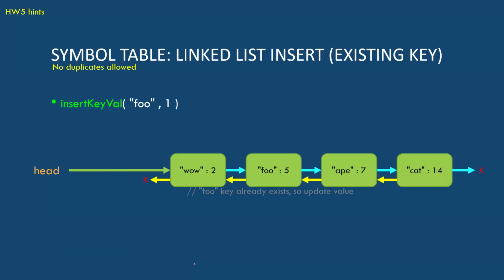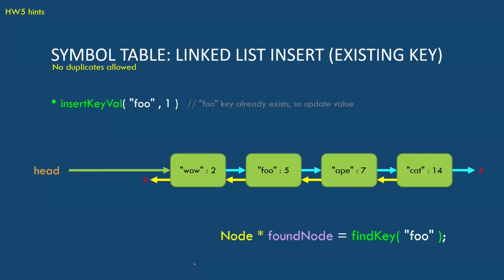We just have to find the node, right? So found key equals find key foo. And then all we have to do is update its value with 1, right? So we say found node arrow value equals 1. So I'm finding this, updating with that, and I'm all done. That's really an insert with an update, okay?